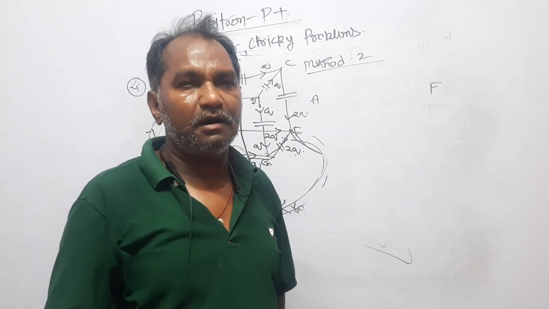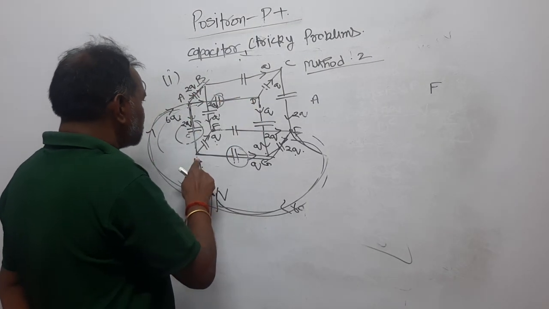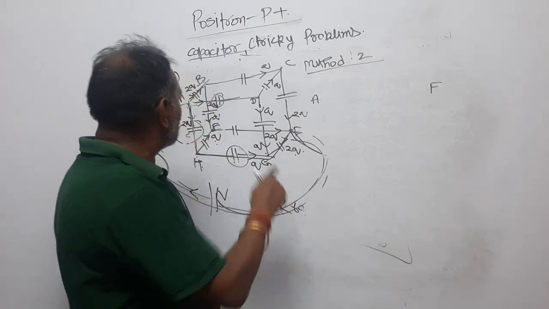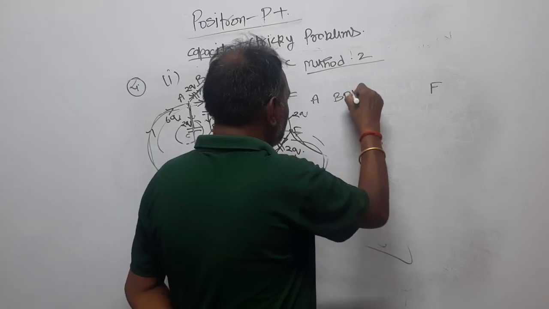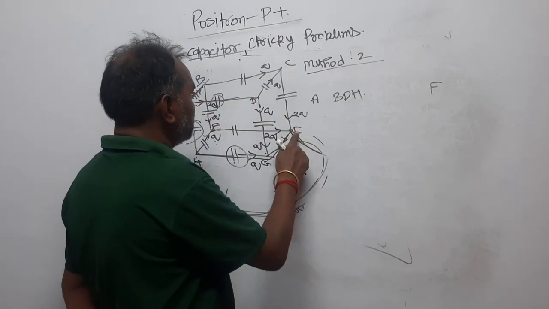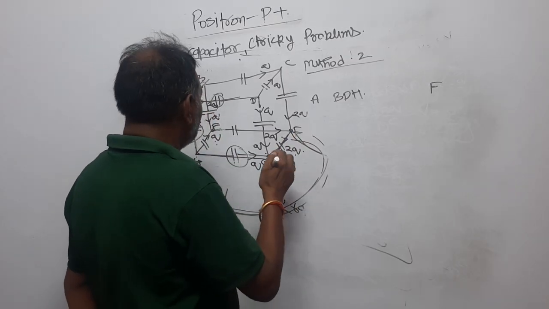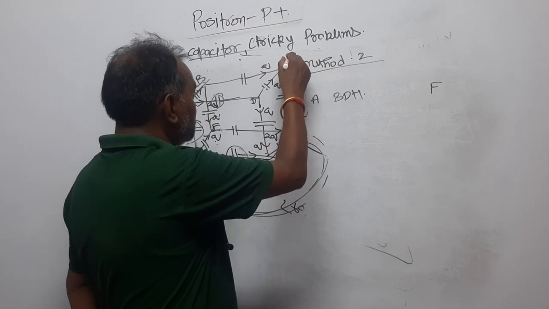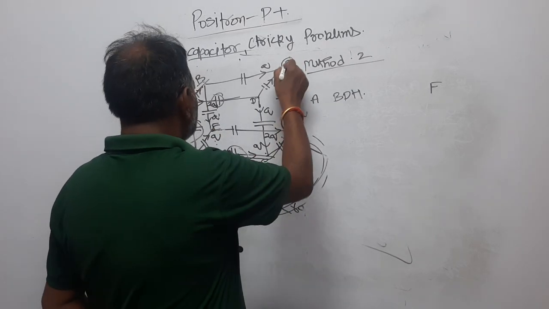Again I am repeating, because up to B, D and H, charge has to pass through the capacitor one time. So B, D and H have the same potential. Now look here, with respect to F, the similar points are C, E and G.